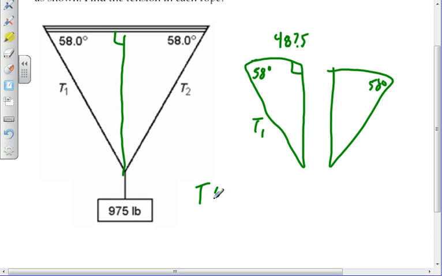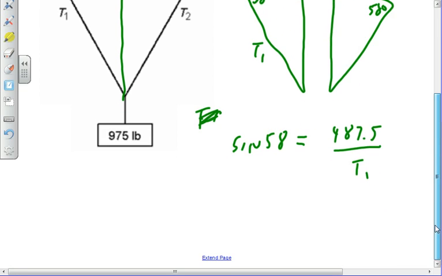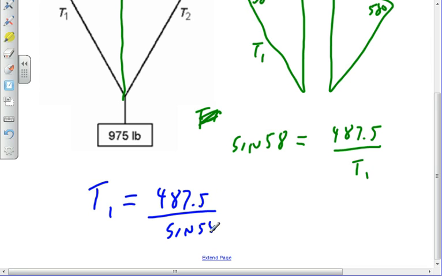Okay, so the sine. The sine of 58 is the side opposite, 487.5, divided by the hypotenuse, T1. So that being the case, T1 is going to be 487.5 divided by sine 58.